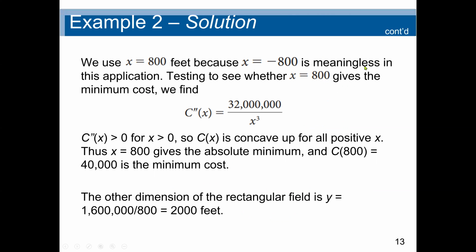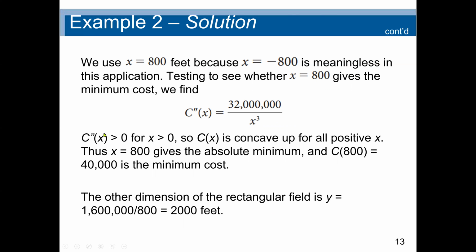Negative 800 is meaningless because again, this is measuring space, and we cannot have a negative value. So now we want to test whether x equal to 800 gives the minimal cost. So we find the second derivative of the function, and we see if the second derivative at the x value of 800 will be greater than 0 or not.